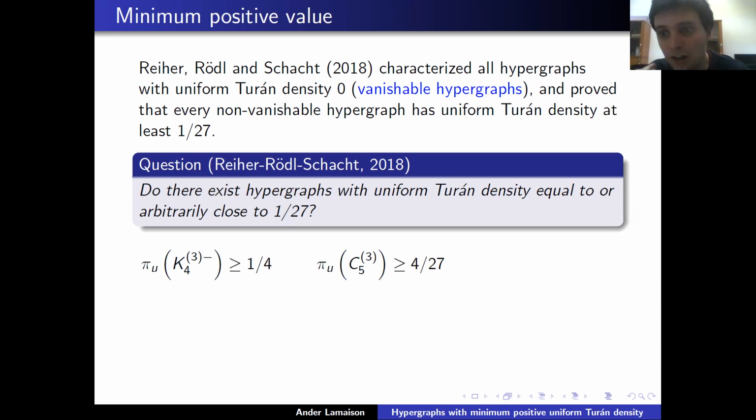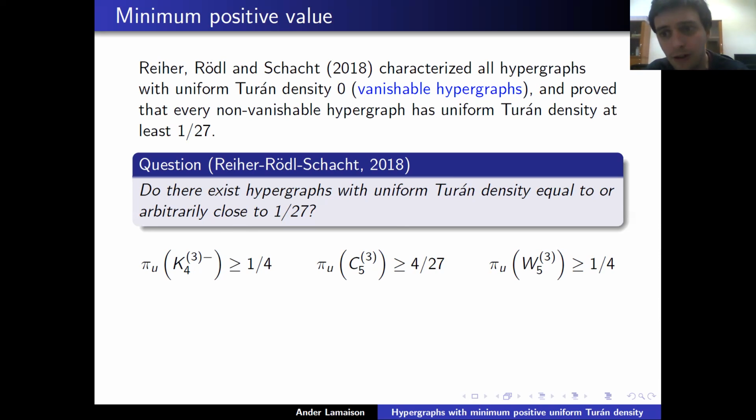So let's go to 6 vertices. On 6 vertices, using the characterization, you can check that there are 4 minimally non-vanishable hypergraphs, and all of them have uniform Turán density at least 4/27. For each of them, one of the 2 previous constructions works for avoiding that subgraph. So at this point, the question of the 1/27 is starting to look a bit grim.